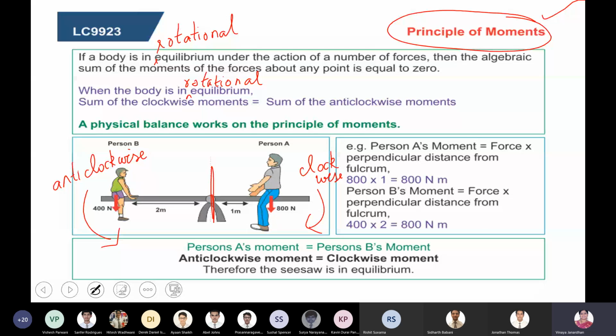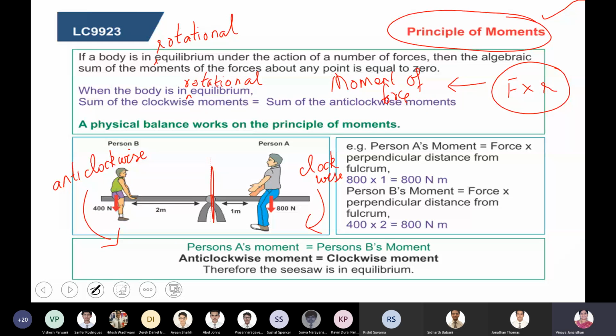The seesaw is under rotational equilibrium when the clockwise moment of a force is balanced. Force into the perpendicular distance, F into R, we call this the moment of a force. Moment of a force is nothing but the force into the perpendicular distance between the point of application of the force and the axis of rotation.